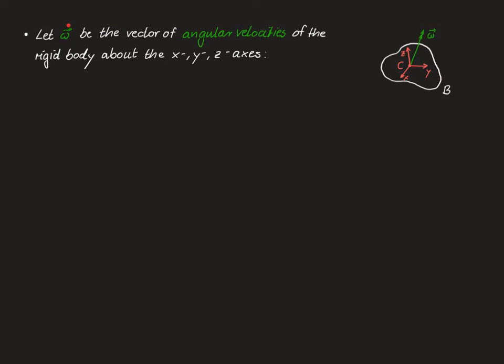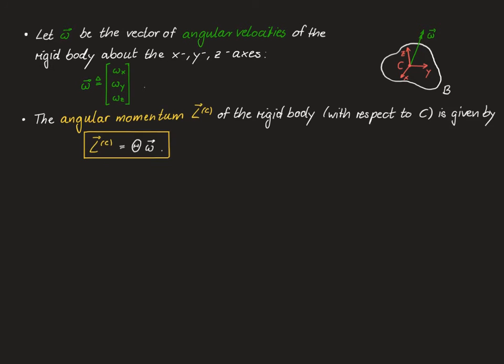So let omega denote the vector of angular velocities of the rigid body B about the axes of the body frame x, y, and z. Then, in analogy to the linear momentum, the angular momentum of the rigid body is given by the product of the inertia tensor and the vector of angular velocities of the rigid body.